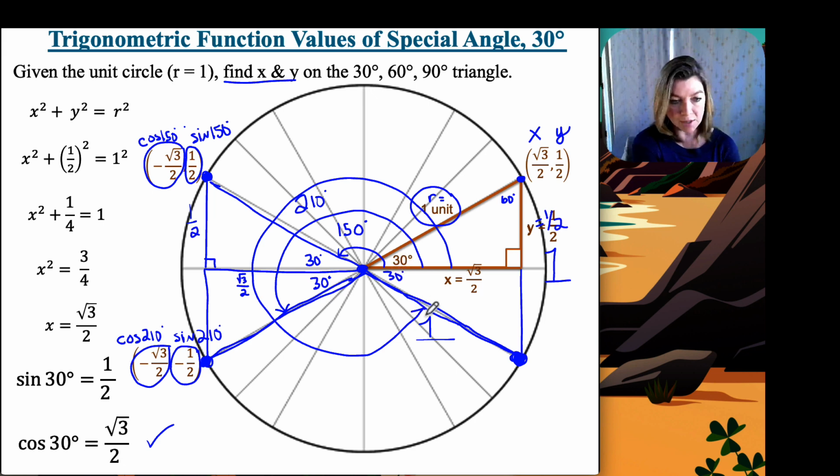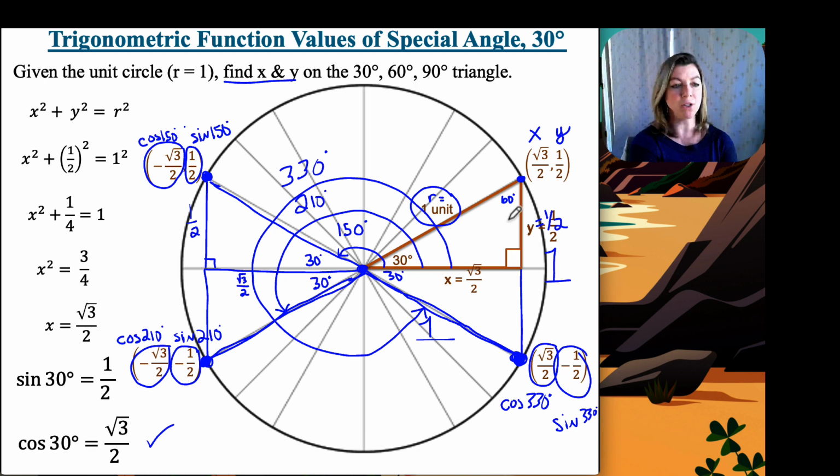So 360 less 30 degrees is a 330 degree angle. So we have found that cosine of 330 degrees is equal to positive radical 3 over 2, and sine of 330 degrees is equal to negative 1/2.